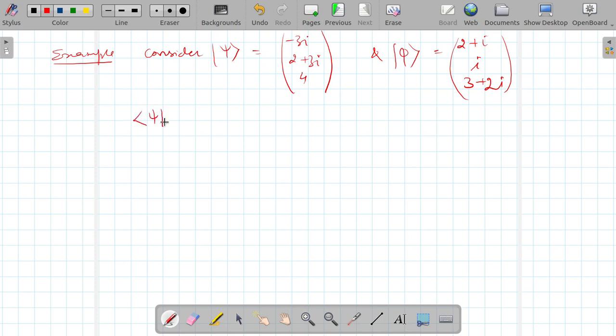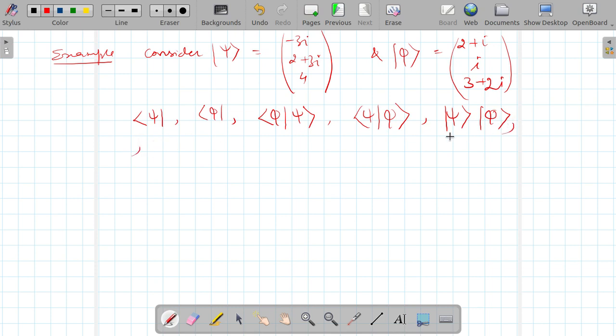So we have to calculate bra psi, and then the scalar product of psi, phi and psi, and then psi and phi. Then we have to calculate ket psi and ket phi.